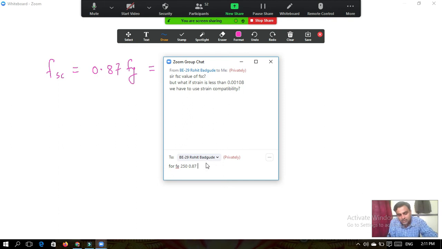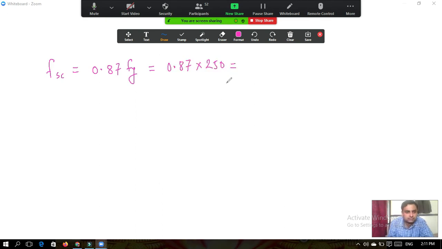Correct answer. 217.5 Newton per mm square. This is FSC. Now put the value so that we will get the answer.